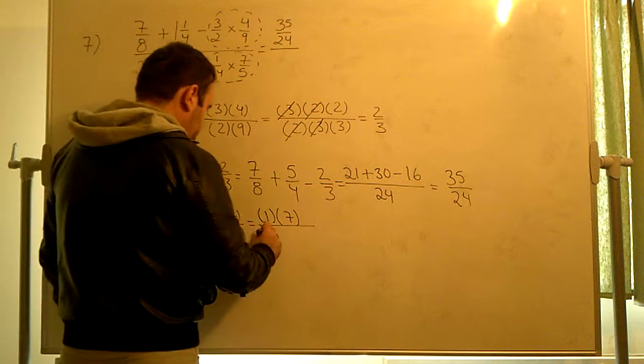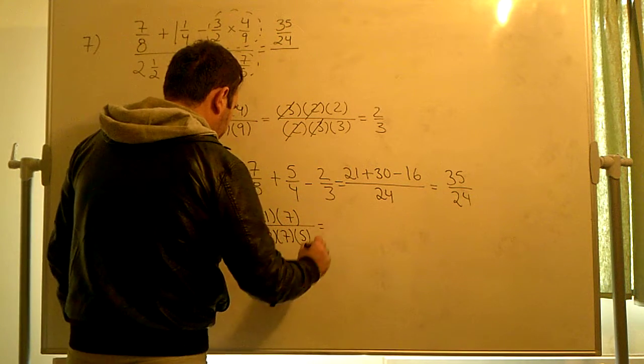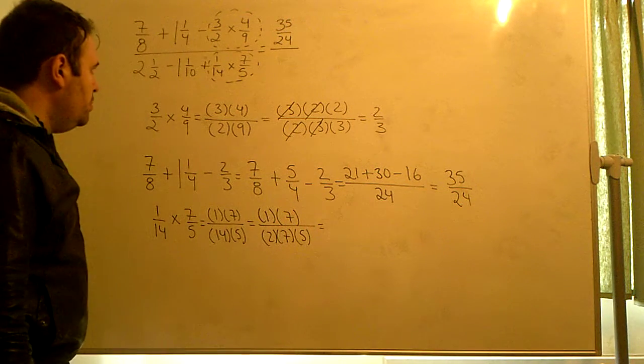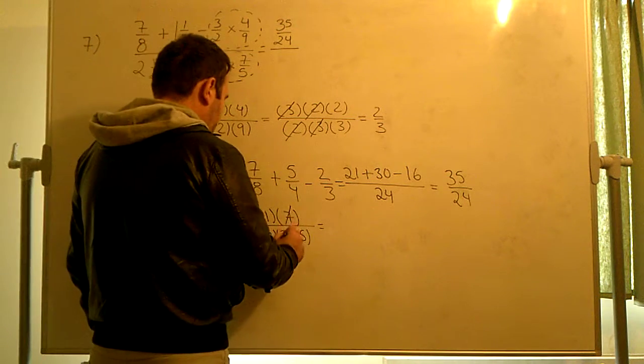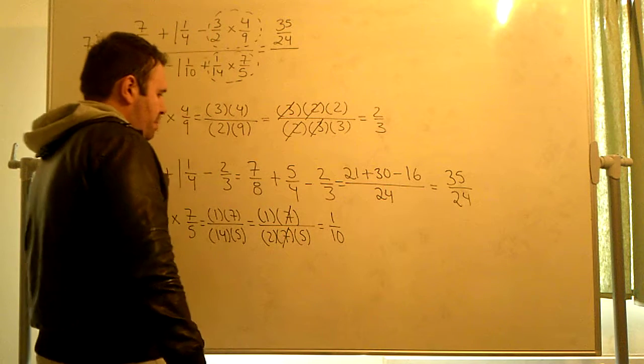Then 14 is equal to 2 times 7, and then here 5. And then 7 divided by 7 is 1, then we will have left with 1/10.